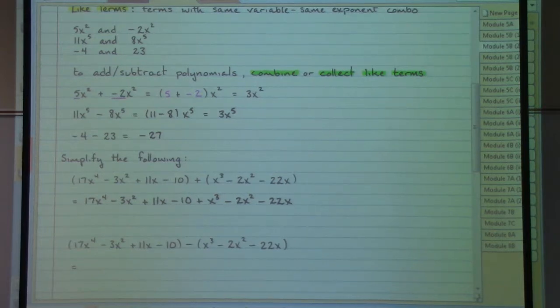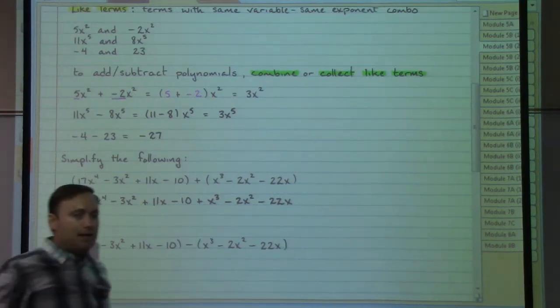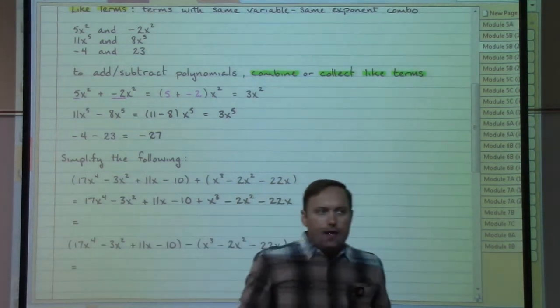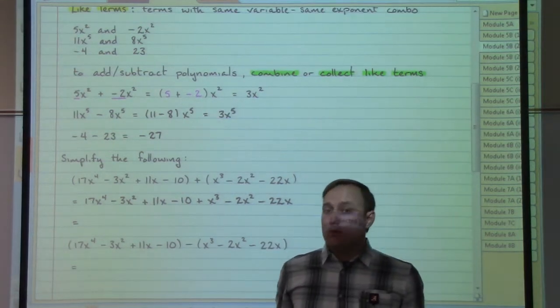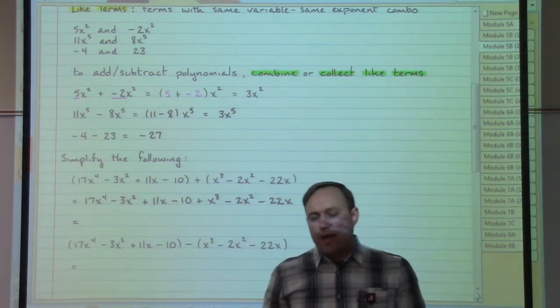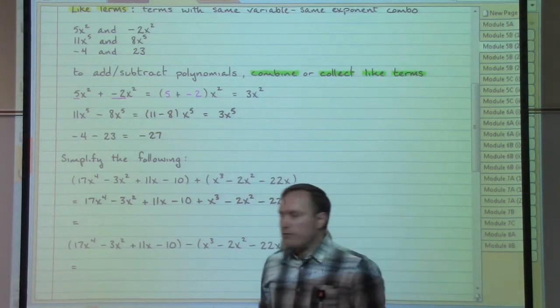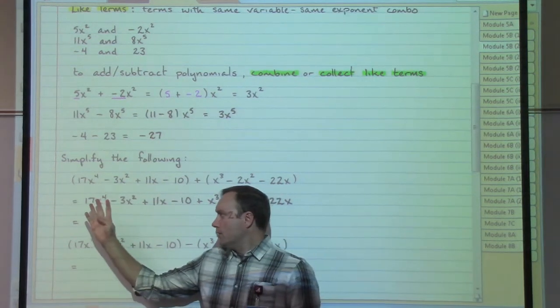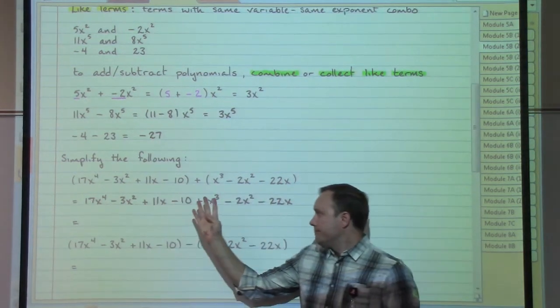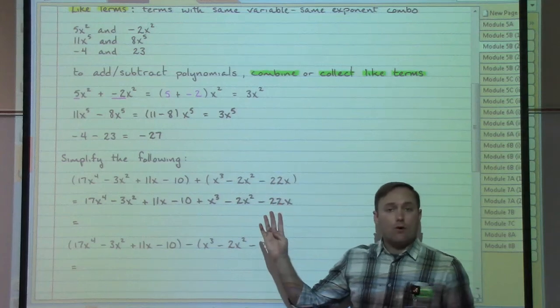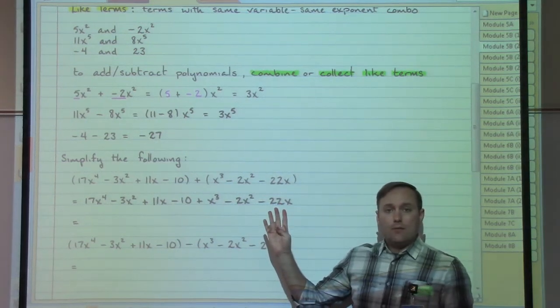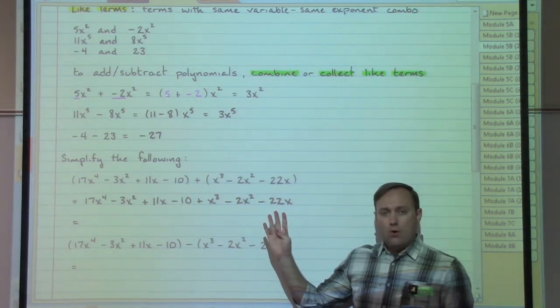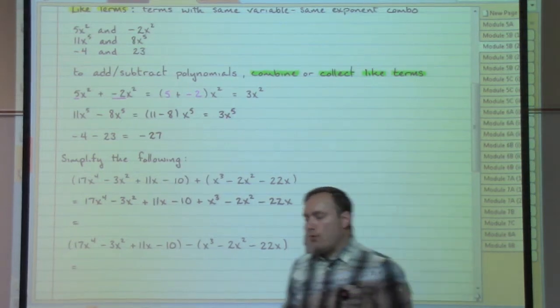Now if we go looking through here, what we would like to do is first of all pick out what term or terms have that highest power. So we start looking through. We've got power 4. Well, power 4 is the biggest power, highest power. Only one term has that power of 4.